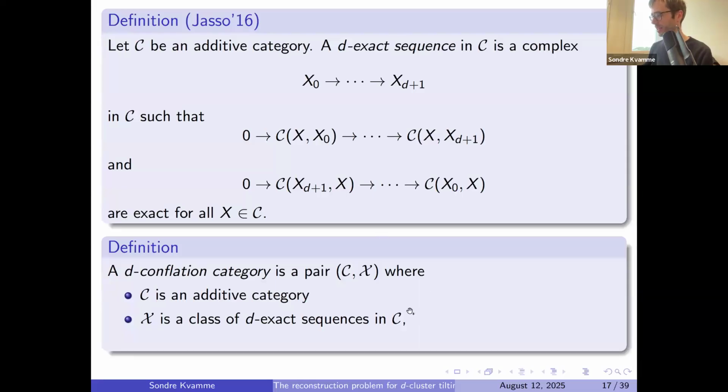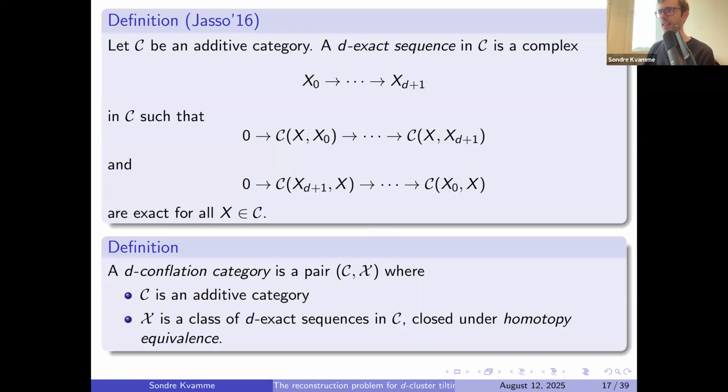And this class of D exact sequences in C is closed, and here I assume, under homotopy equivalence. So it's simply an additive category where you point to a fixed class of exact sequences, and they're required to be closed under homotopy equivalence.